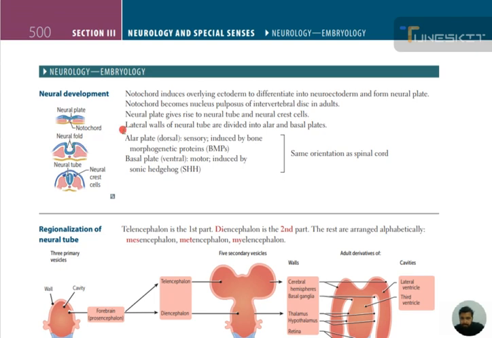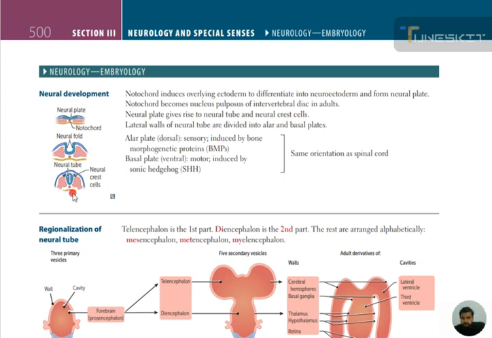The lateral walls of the neural tube are divided into the alar and the basal plates. Alar plates, which are on the dorsal side, form the sensory part, induced by bone morphogenetic proteins (BMPs).